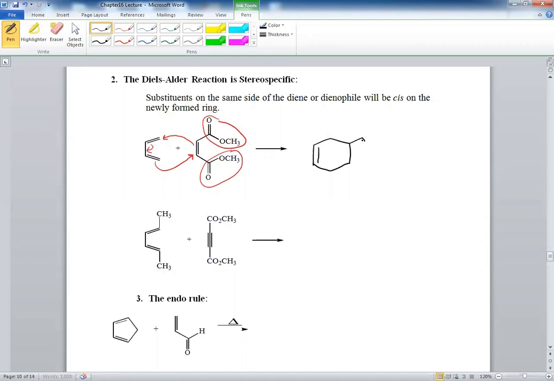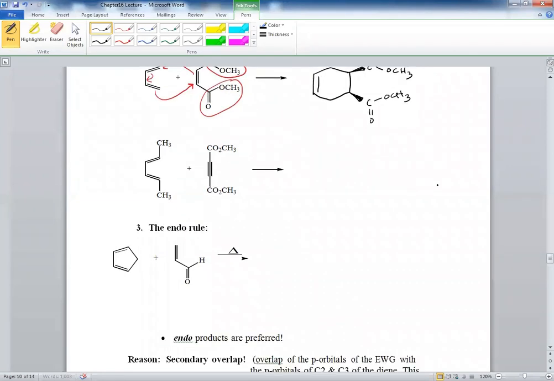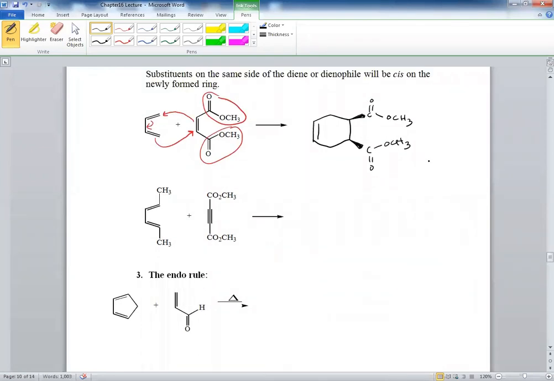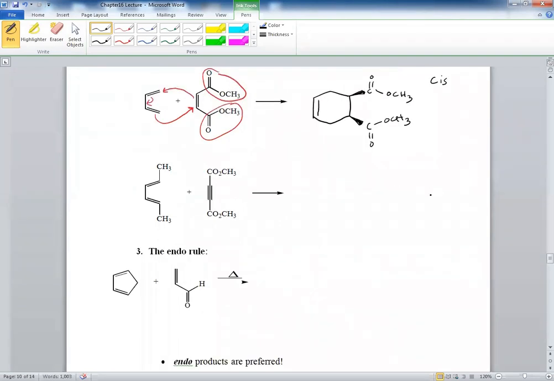The way to show that is you can use a solid wedge, just like that. So they are cis. They are on the same side.